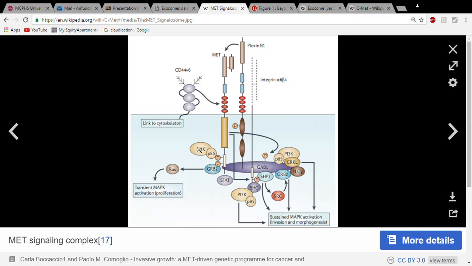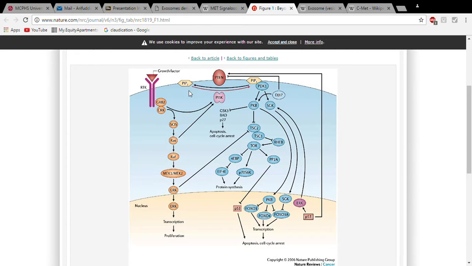So after PI3 kinase is activated over here, it goes and converts PIP2 to PIP3, and conversion to PIP3 causes AKT over here. I know it says PKB, but protein kinase B is AKT.